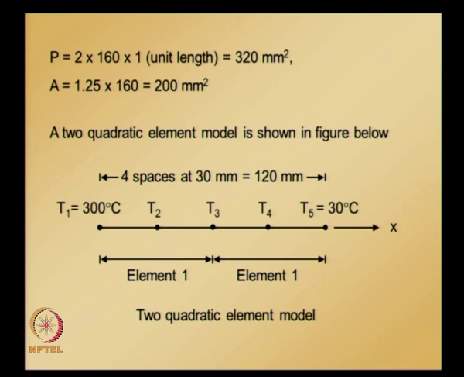So this is the discretization that is adopted for solving this problem, and if you notice, the boundary conditions at node 1 and node 5, both of these are essential boundary conditions, and there are 2 elements, and in each of the elements, all the nodes are spaced in the same manner.